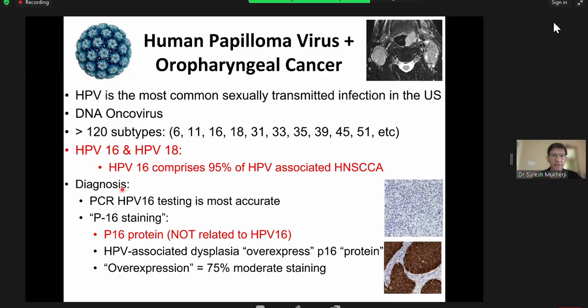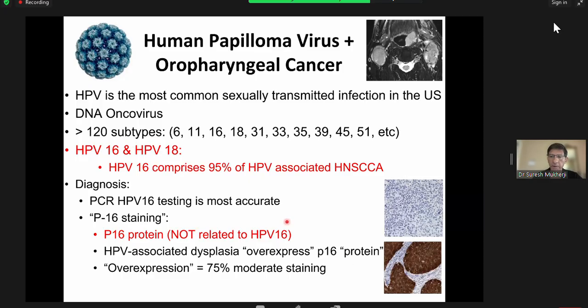So again, it's an unfortunate overlap. But when they stain it, this is a negative stain and this is a positive stain. Overexpression of the protein P16 indicates a high likelihood that this is a P16 positive patient, that it probably is due to HPV.